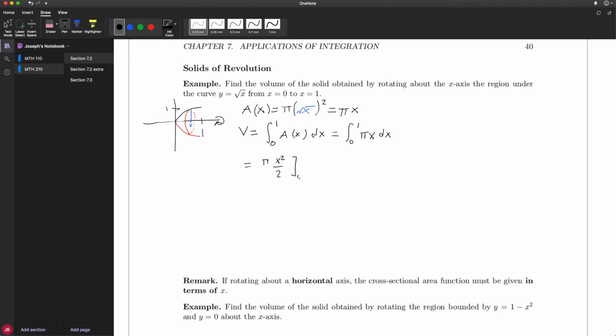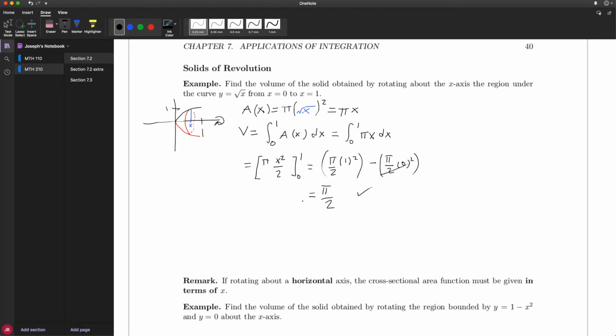And now we evaluate from 0 to 1, which is pi over 2 times 1 squared, minus pi over 2 times 0 squared. And of course, this is just 0, so our final answer is pi over 2. And that should already be present in your notes, but just make sure that that's what you're getting.